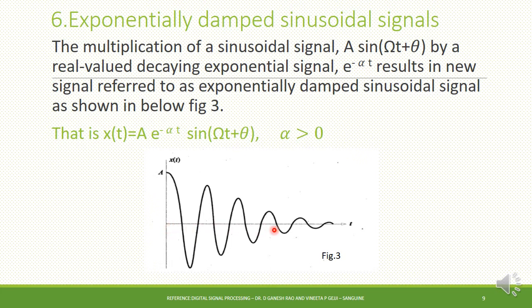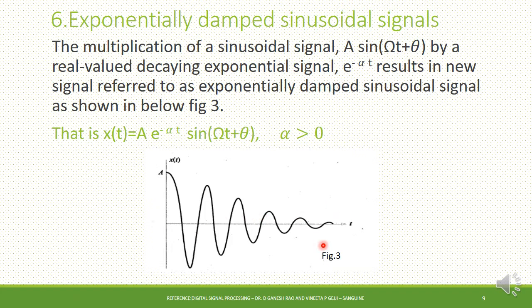Here the time changes, no? The amplitude of the signal also changes. The perfect definition is: when time is increasing, amplitude is decreasing. This is called the definition of the damped signal.